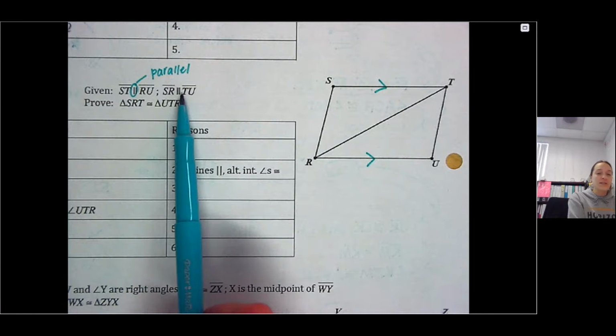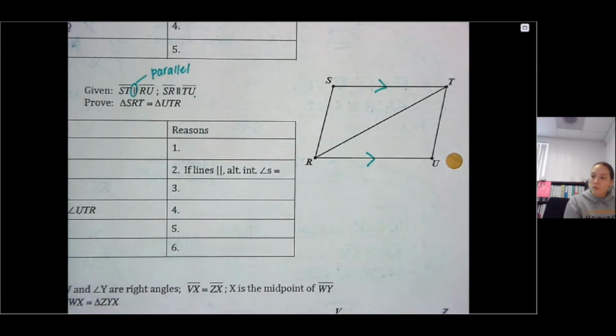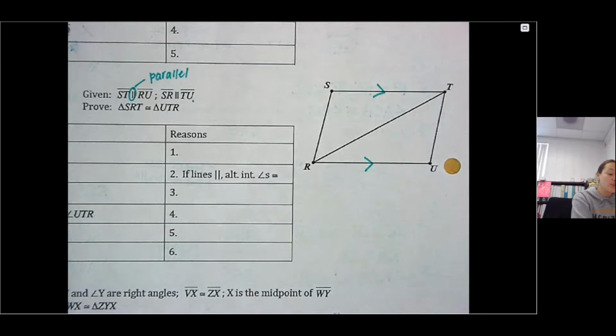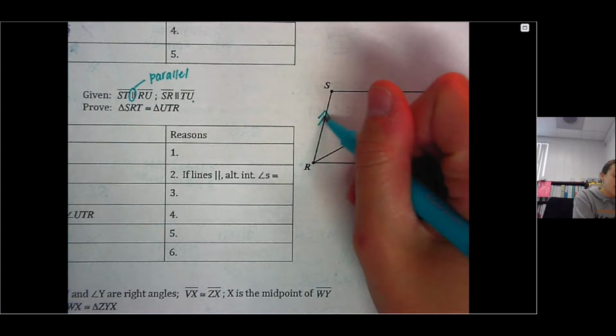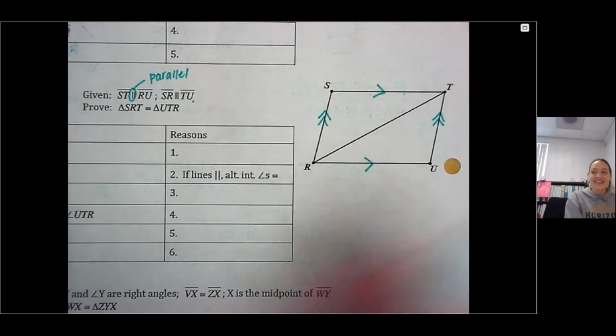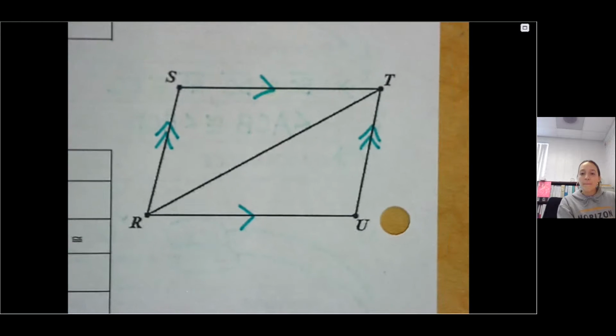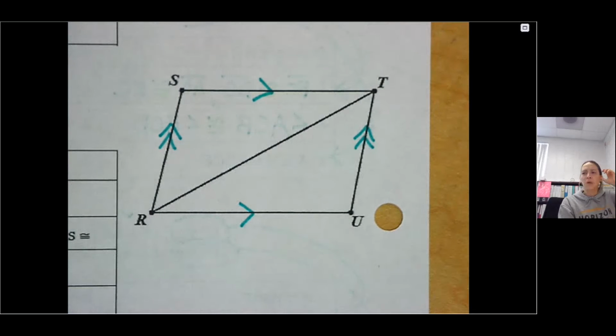SR is parallel to TU. What should I put on these sides? 2 arrows. Great, because you got a second set of parallel lines. Okay, that's all that's given to you. Doesn't it matter which way you point the arrows? Does not matter. All that matters is that one set has 1 arrow and the second set has 2 arrows, but it doesn't matter where.